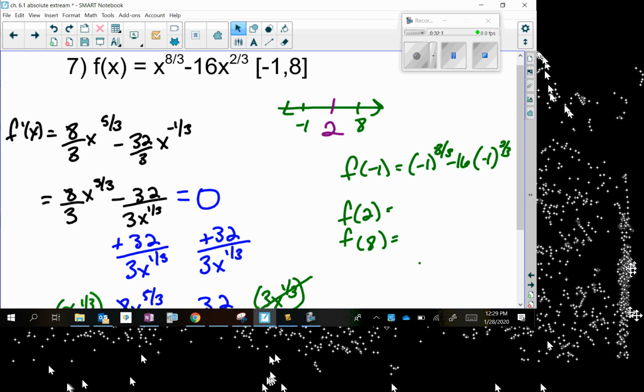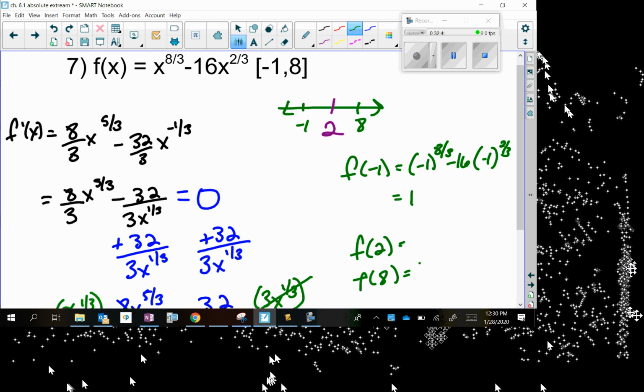At least this first one. So -1, cube root of -1 is going to be what? -1, right? Because, again, you can take the cube root of a negative number. If I take -1 to the 8th power, I'm going to get what? +1, right? So in the end, it's a +1.